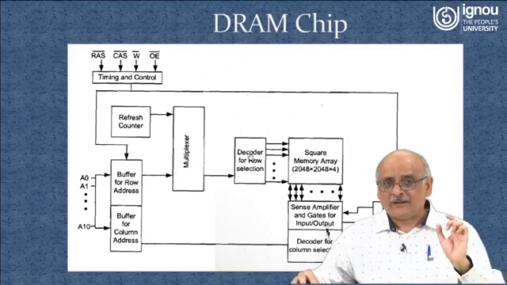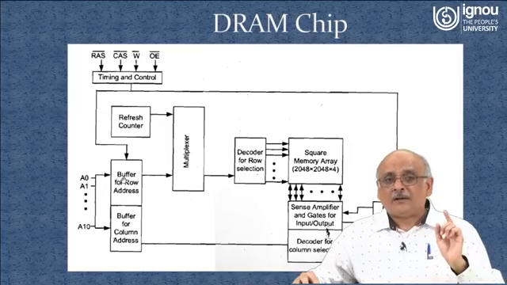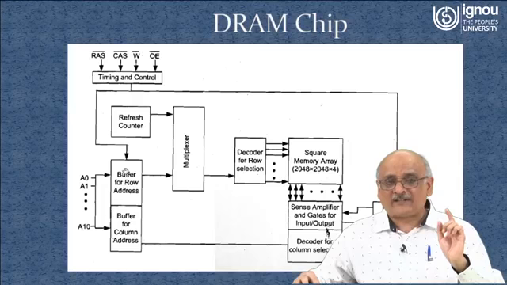Then when CAS goes high, it goes to this buffer, meaning we are storing it, and when we enable read or write, the actual operation will occur at that point of time. So first step, enable the row address, so the row address gets stored into the buffer, then enable the column address.